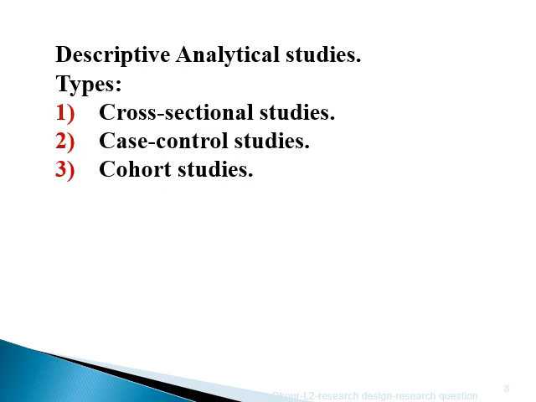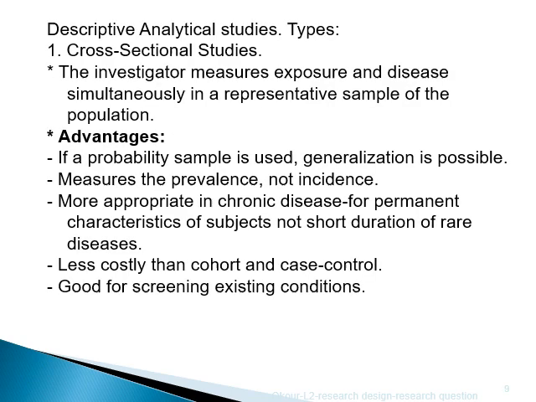Three types: cross-sectional studies, case control studies, cohort studies. Cross-sectional: the investigator measures exposure and disease simultaneously at the same time in a representative sample of the population.